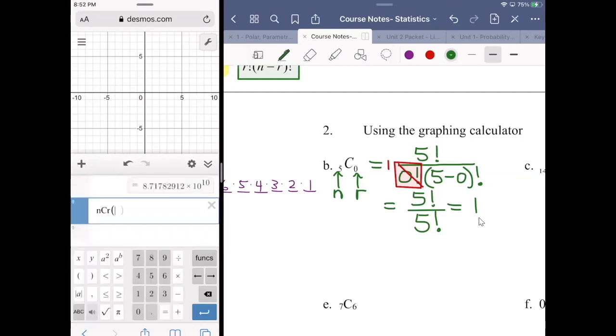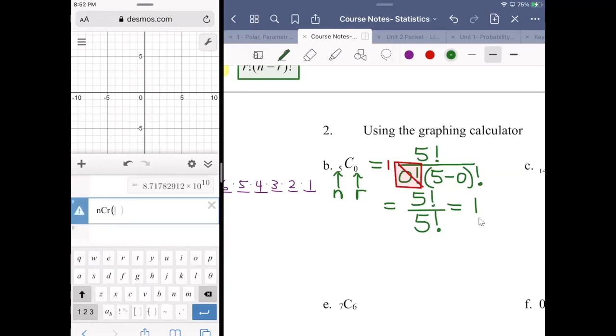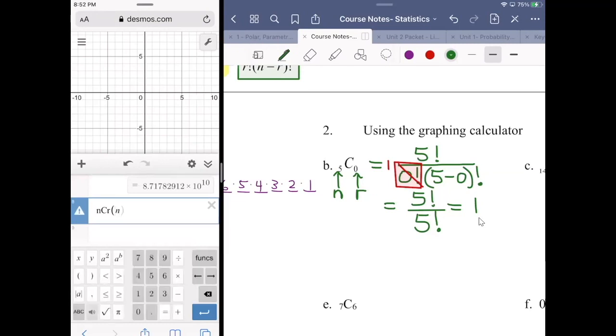So function NCR, just put in some dummy variable for the n value. Yeah, I mean, you can try to use n. Sometimes it doesn't work. But if I say NC0, it'll ask me if I want to create a slider for n, because I'm telling it that I want n to vary. I want that first value to vary, but the second value I want to remain at 0.